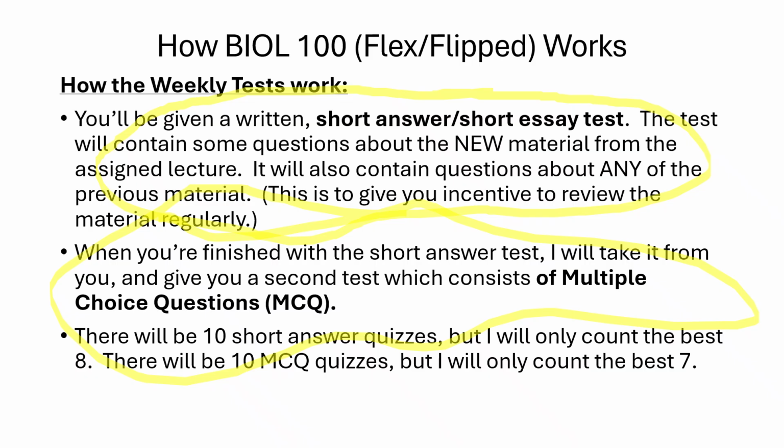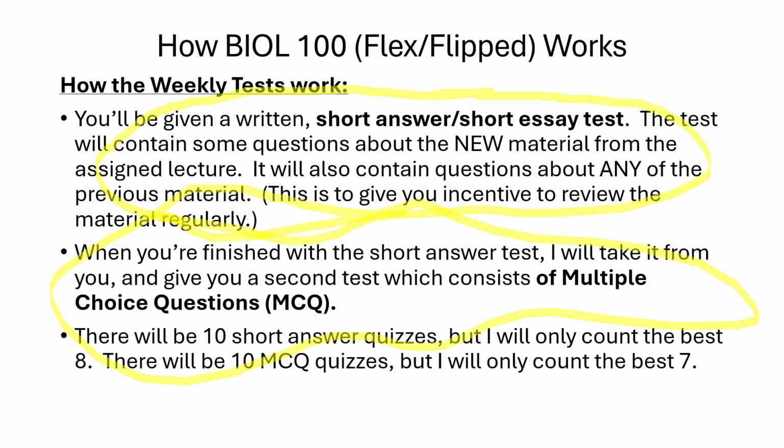So the answer options in a multiple choice test can be used to give you clues about how to answer a short answer question. So that's why I give the short answer test first and then the multiple choice test second.